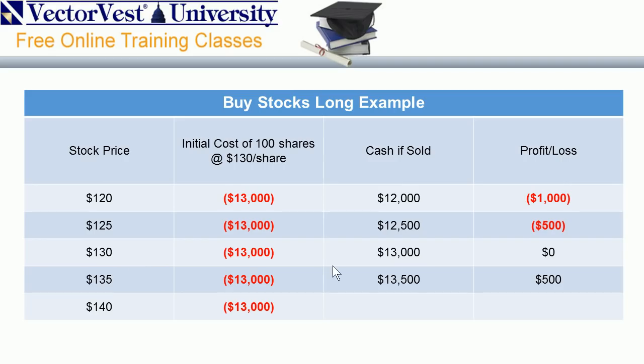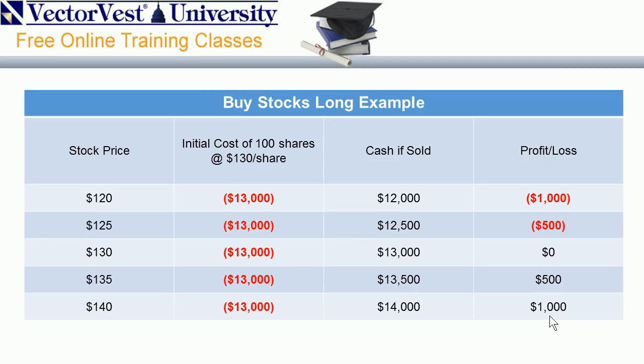If my stock goes up 5 points to 135, my position is now worth $13,500, and if I were to sell it, I'd have a nice profit of $500. And then we'll go to 140. If my stock is to go to 140, I have a $14,000 position, and I have a $1,000 profit if I were to sell it.